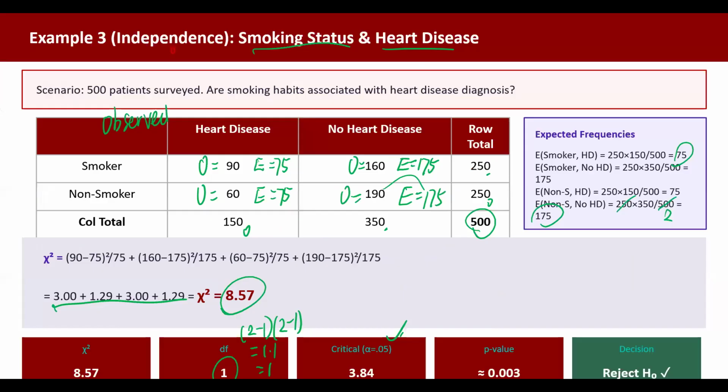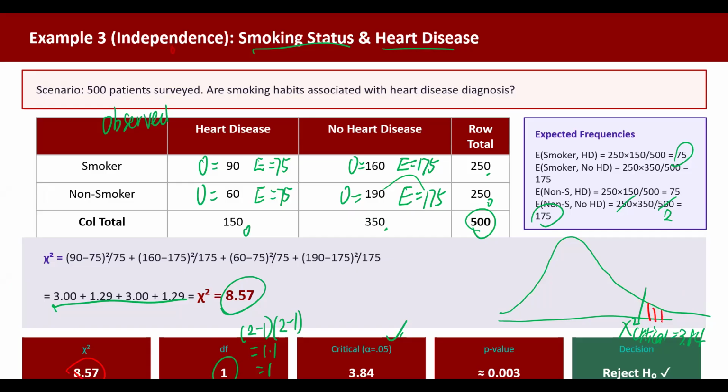And then again, the chi-square statistic is actually falling in the rejection region because the chi-square critical value is just 3.84, and the test statistic is 8.57.